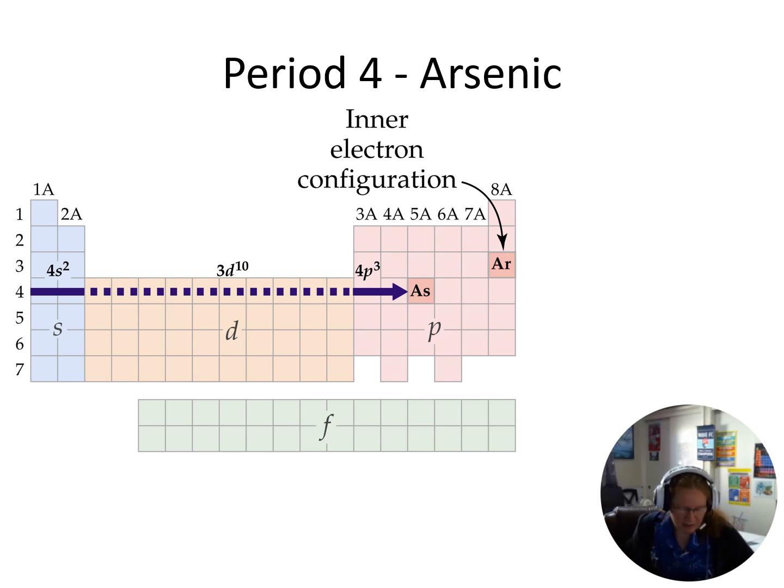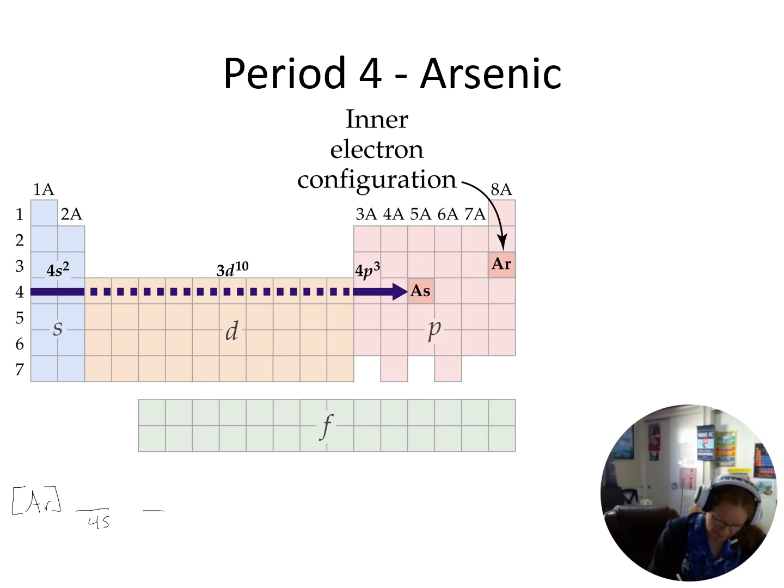Okay, so when I look at arsenic, okay, arsenic over here, all right, so we've got, let's see here, I'll do it down here. We've got argon. Now we have our 4s. Now remember, it goes 4s, then 3d.